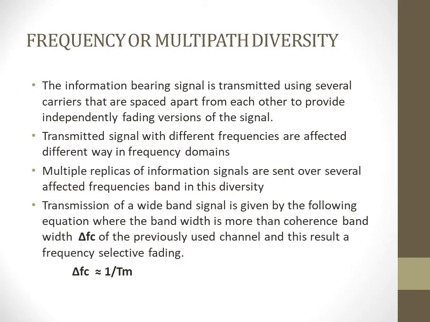Let us start with the frequency or multipath diversity. In frequency or multipath diversity, the information bearing signal is transmitted using several carriers that are spaced apart from each other to provide independently fading versions of the signal. We said earlier that independently fading channels have a low probability of deep fade.